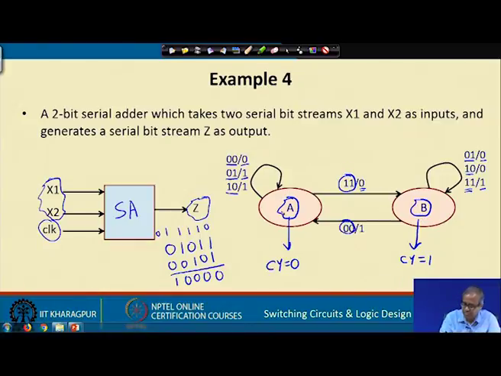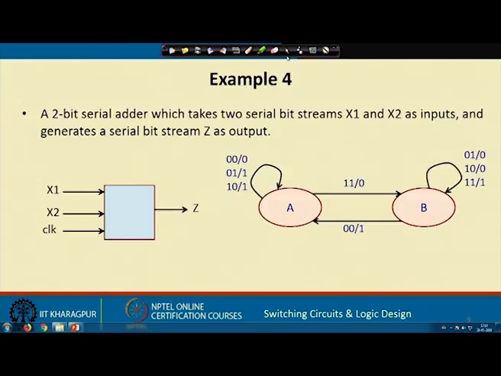So, you move back to state A, but this sum will be 1. Okay. So, just you see and think how the process of addition goes on, and you can get the behavior of this serial adder in terms of the state transition diagram. Okay. Fine.